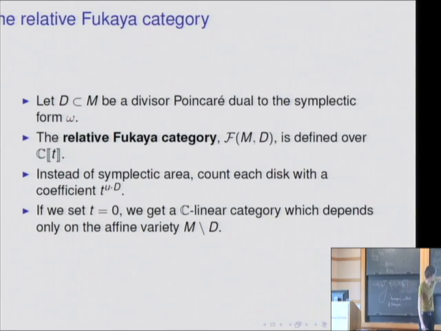Define a category called the relative Fukaya category, which instead of counting holomorphic disks with symplectic area, counts them with t to the intersection number of our holomorphic disk with this divisor. And one nice feature of this category is if we set t equals 0, then we get just a complex linear category which depends only on the affine variety M with this divisor removed. These are the sort of things that Mark McLean talked about in his talk.